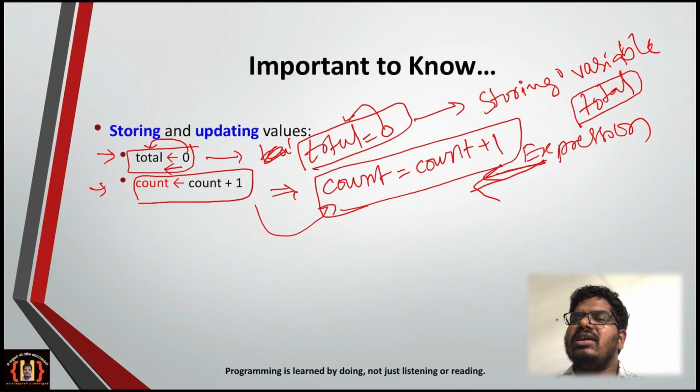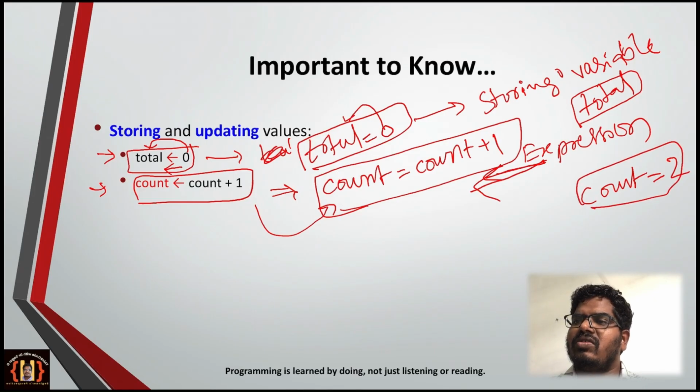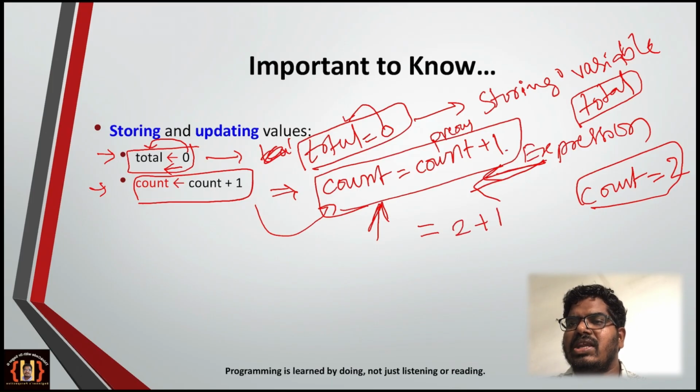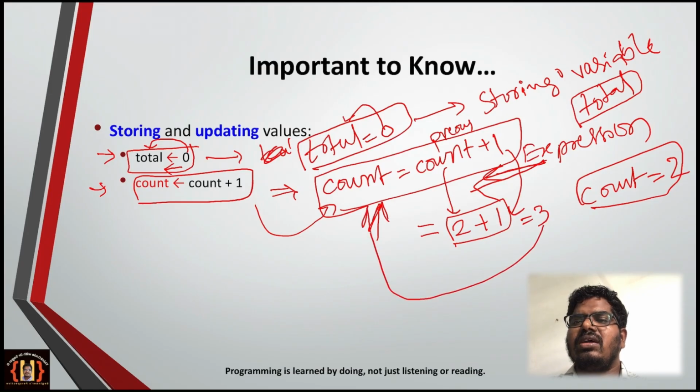What does it mean? Let us say count is already 2, previous to this. Now, what is the meaning of this expression? It takes the previous count value, which is 2, and I am adding 1 to it. 2 plus 1 is 3, and that 3 I am storing in the count variable.